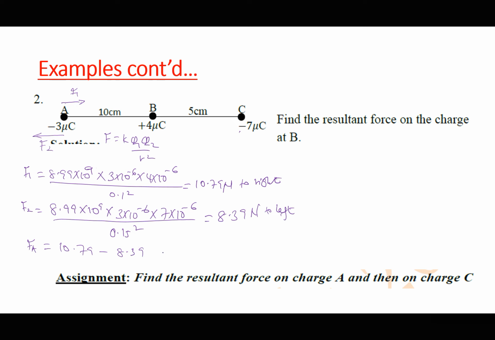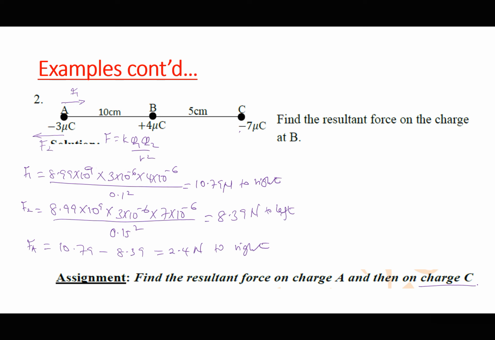So this gives us 2.4 newtons to the right, or towards C, as simple as that. So as an assignment, you should be able to find the resultant force on the charge C, which is of negative 7 microcoulombs.